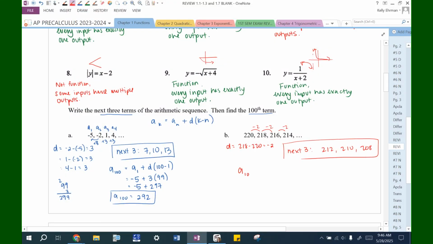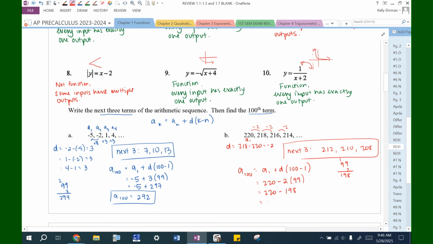What's the 100th term? I like starting at 1, so I'm calling this A1. So A1 plus D times 100 minus 1. And so that's 220 minus 2, because that's D, times 99. 99 times 2, 18. 18, carry the 1. 220 minus 198.